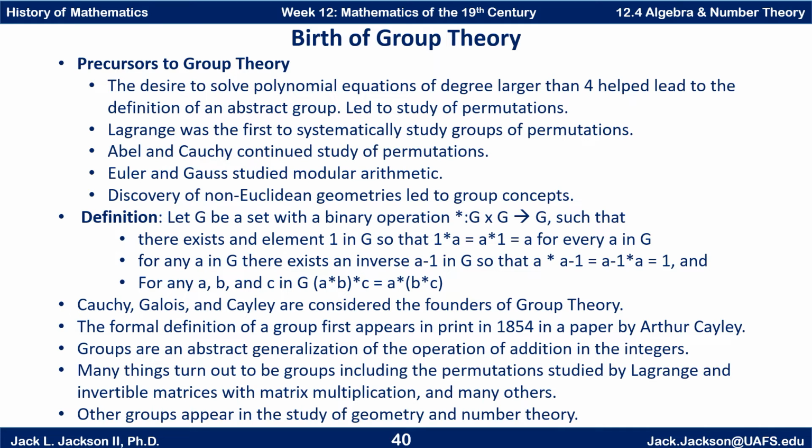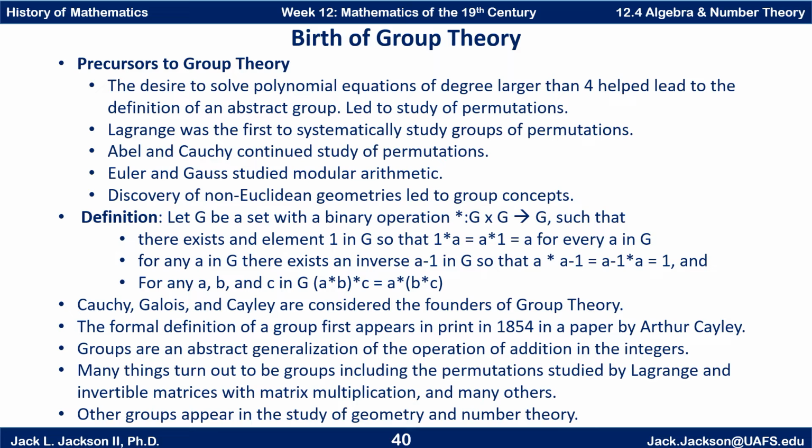So what's a group? A group is a level of abstraction and a generalization of the operation of addition in the integers. So if we have a set G with a binary operation, we'll call it star, on G cross G to G. So what does that mean? What's a binary operation? That means if you take two elements in G and you apply this operation, G1 star G2, you end up with another element in G. So it's closed under that operation.